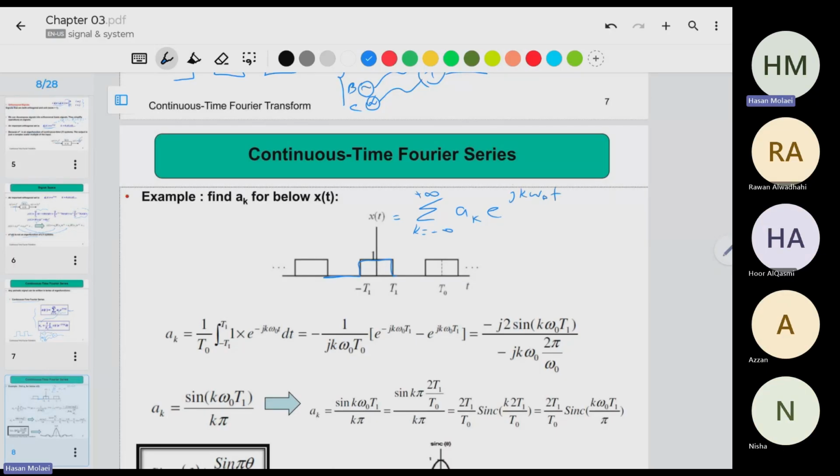What is omega 0? Like 2 pi over T. Here I should write T1.